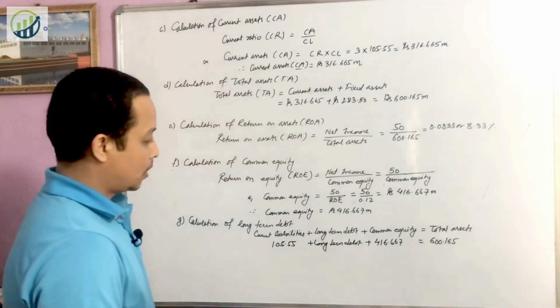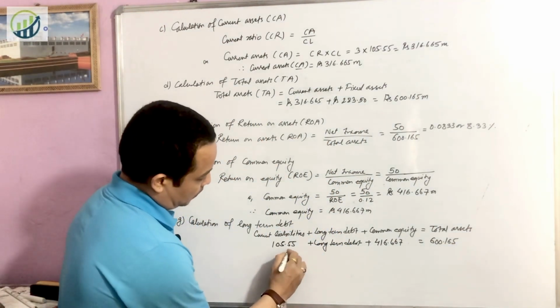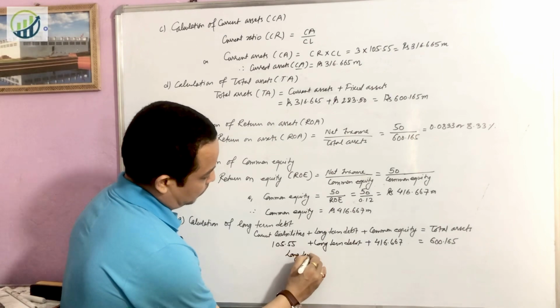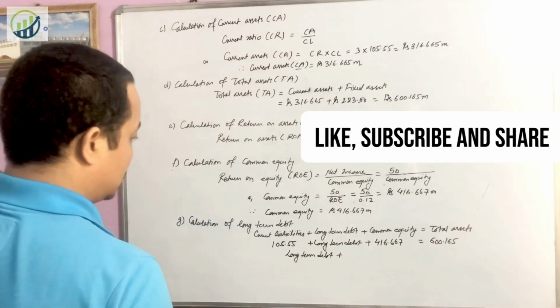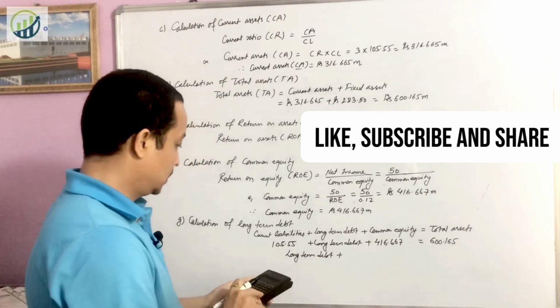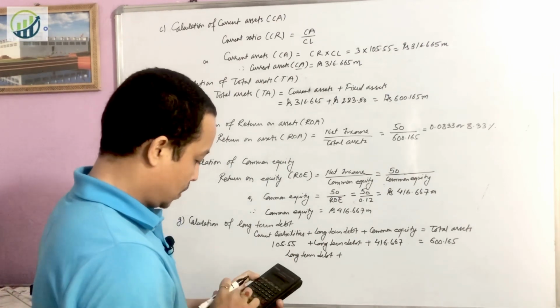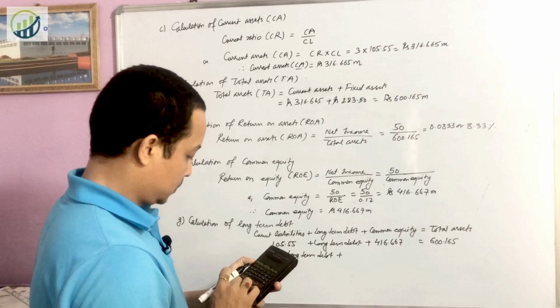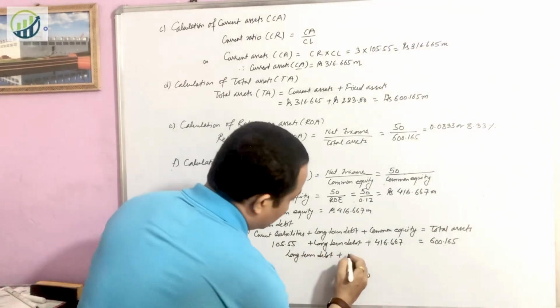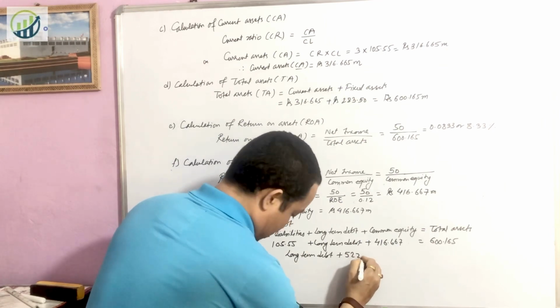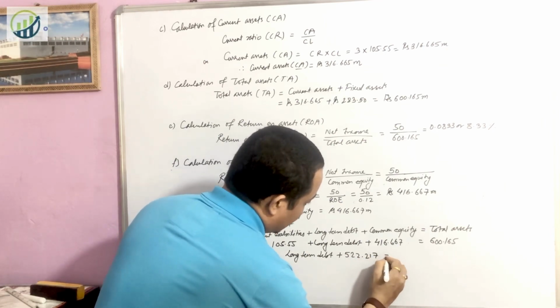Okay, so now long-term debt plus, let's add these two, 105.55 plus 416.667, that will be 522.217, that is equal to 600.165.